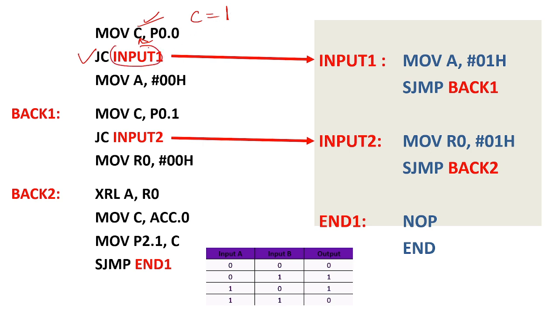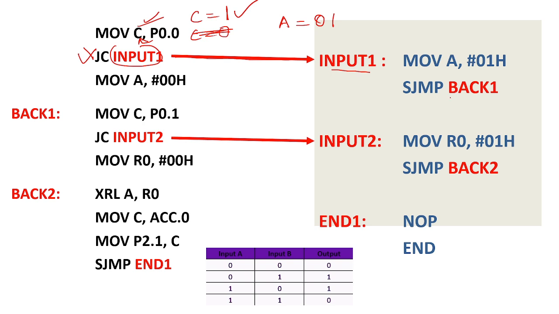Suppose the condition is false, if C is 0, this condition fails, then I need to send 00 to the accumulator. Now the condition is true, right? Then I need to go to input 1. So now I need to transfer 1 to the accumulator. Now the accumulator will hold the value of 1, right?